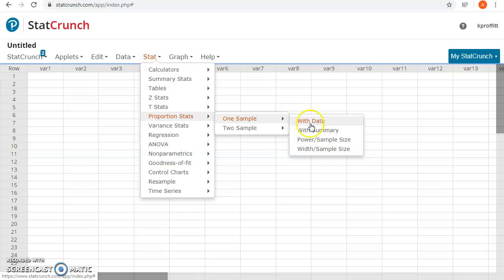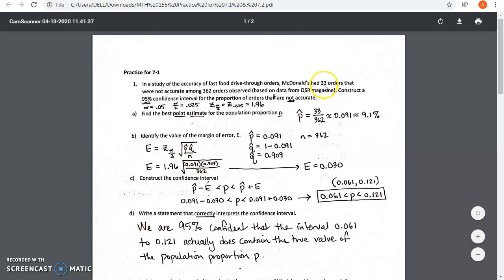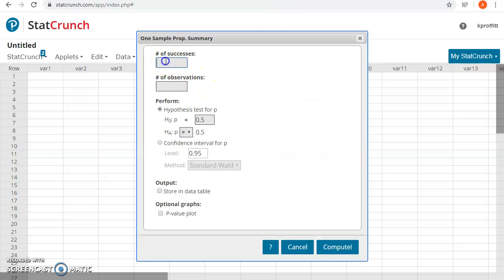We don't have the data, we just have the summary of the data, so you'll choose With Summary. We would consider a success to be an incorrect or inaccurate order. So we had 33 out of 362. The number of successes was 33, and the number of observations, the total number of orders we looked at, was 362.